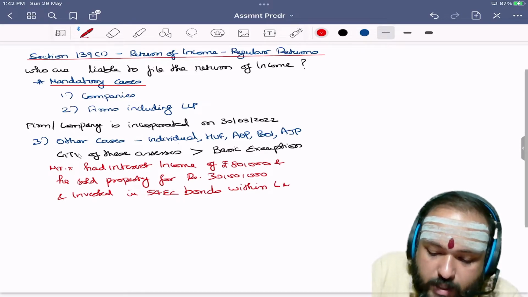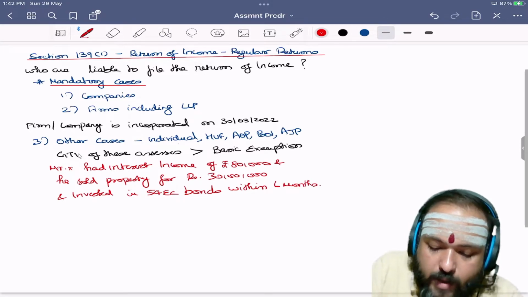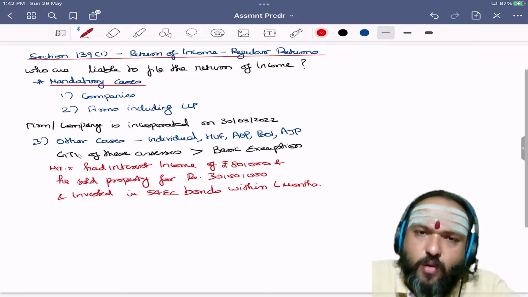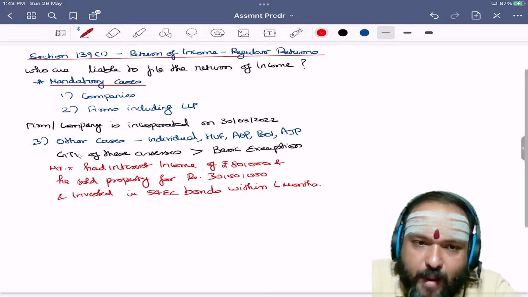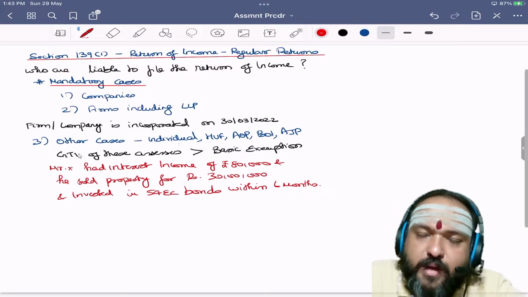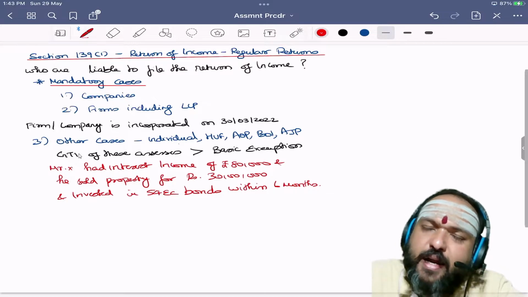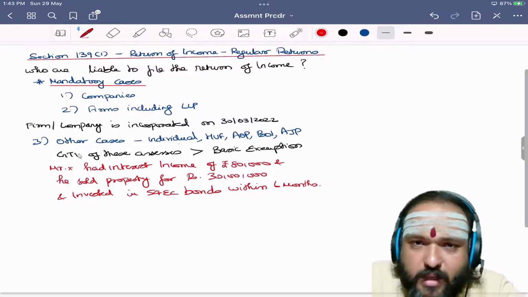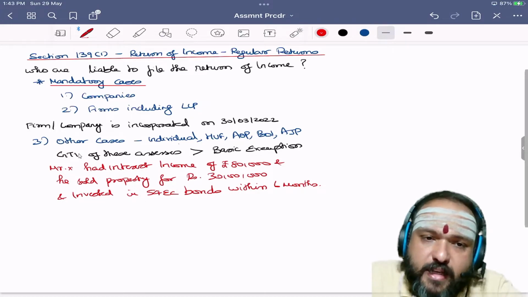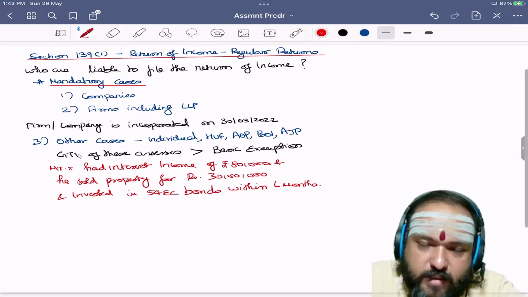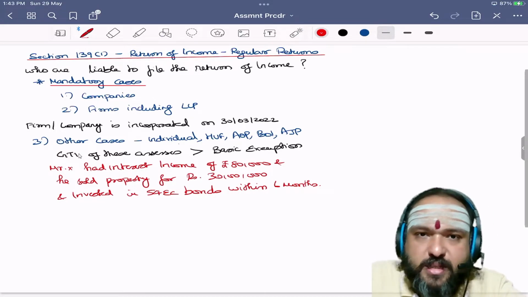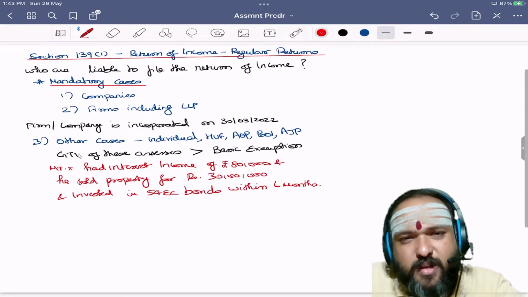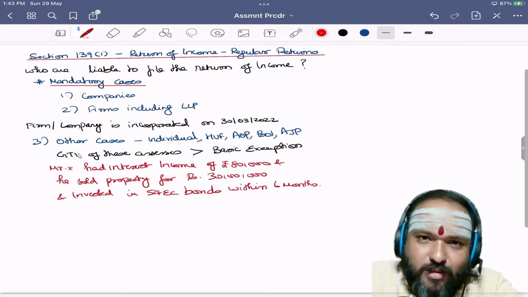So we all know the capital gains topic. So what has Mr. X done? He has sold a property, made capital gains, consideration is 30 lakhs, and let us assume that gains are also 30 lakhs. Okay, and he has invested them in 54EC bonds. Limit for 54EC is 50 lakhs and time limit is 6 months. He has complied with the provisions of the section.